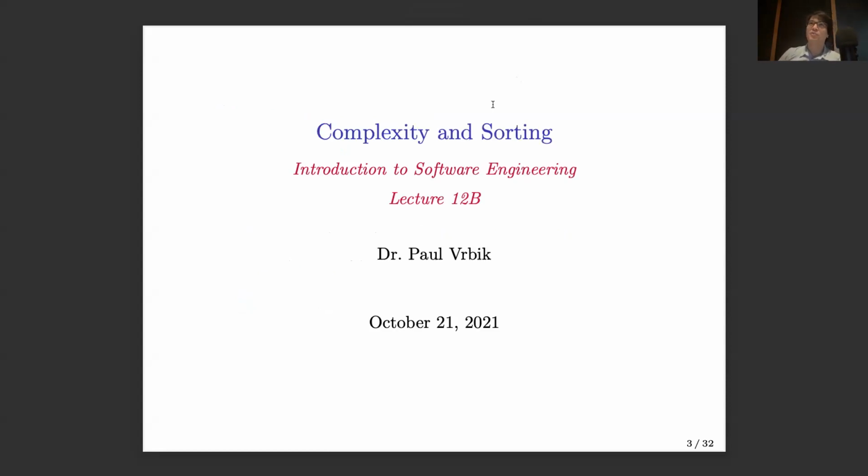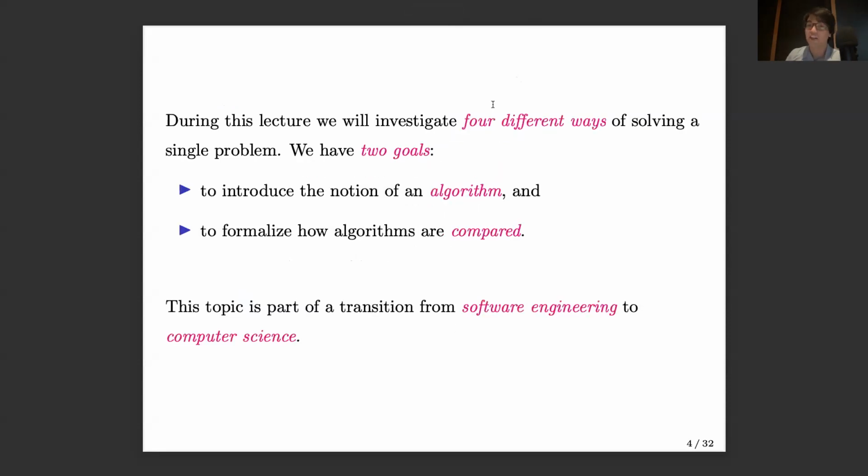Complexity and sorting. Sorting actually is not a part of this course, which surprised me. Sorting is the most important problem in computer science, or at least the canonical example of why we need computer science. So what we're going to do today in this lecture is look at 4 different ways of sorting a list.